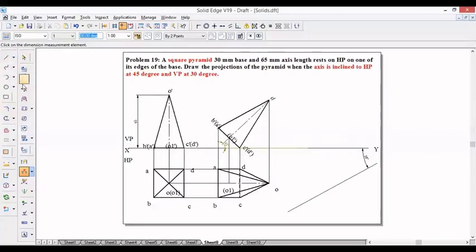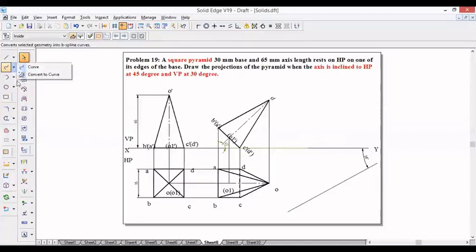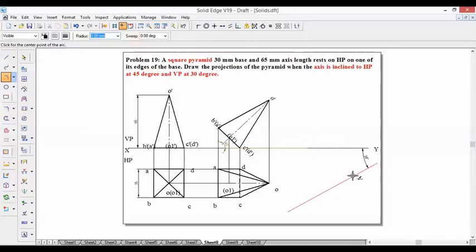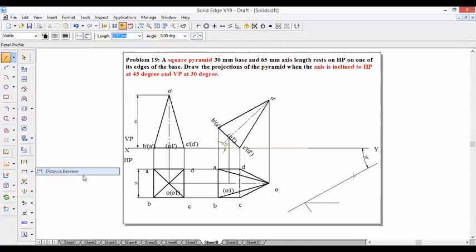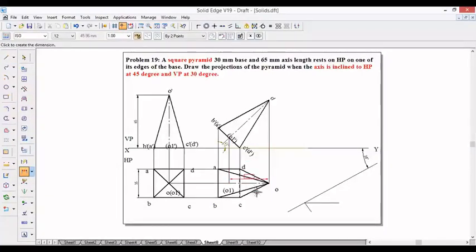Then, to construct the locus, take the arc by center point method. The original length of the axis is 65 mm. Cut an arc, then draw the horizontal line at the intersection of this arc and the 30-degree line. Then measure the distance between O and O1, that is the apparent length of the axis.